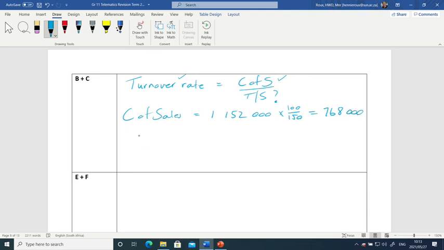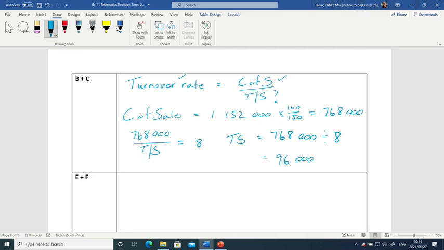So if we fill that in, the cost of sales divided by the trading stock will give me an answer of 8. So now I want to know the trading stock. So trading stock will be equal to 768,000 divided by 8 in order to give you 96,000. All that you do there is you are just rewriting that equation so that you get the trading stock on its own.